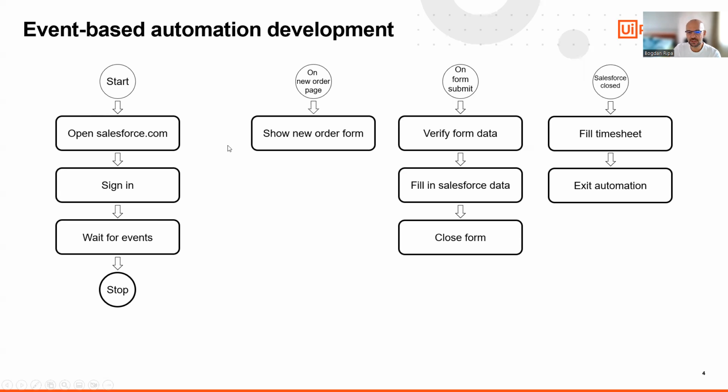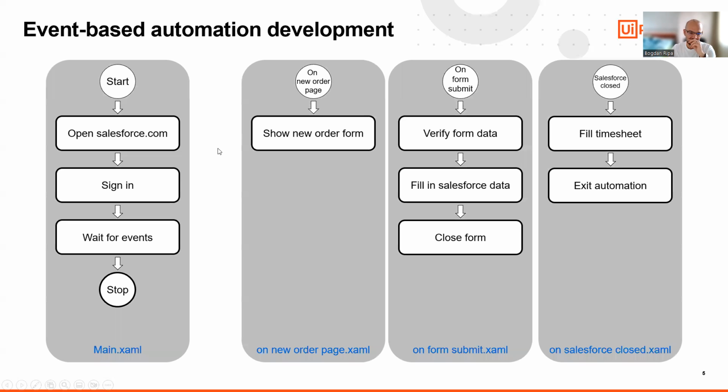Now, to implement such an automation, what one would have to do is create the main .xaml file in Studio, and then add all these activities, all these steps in their automation, and then they will have some other workflow files, some other XAMLs, let's say on new order page, on form submit, and on Salesforce closed.